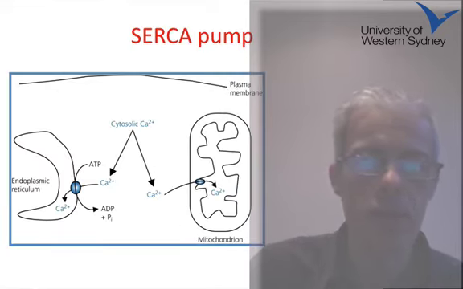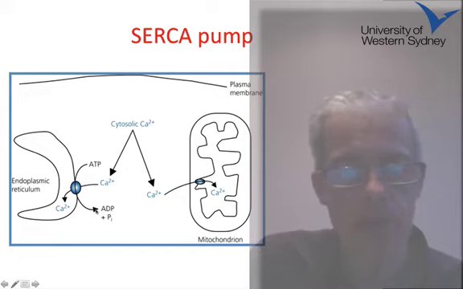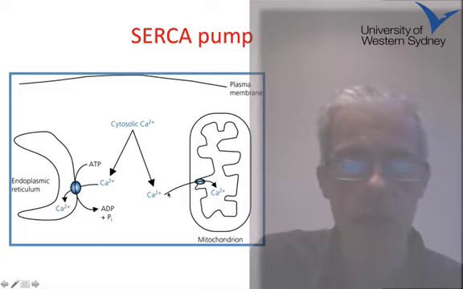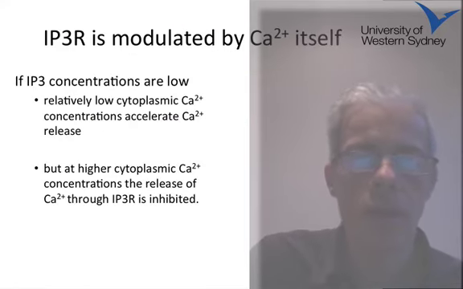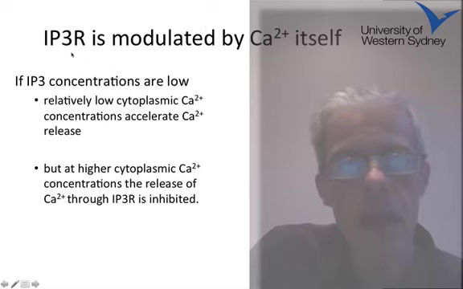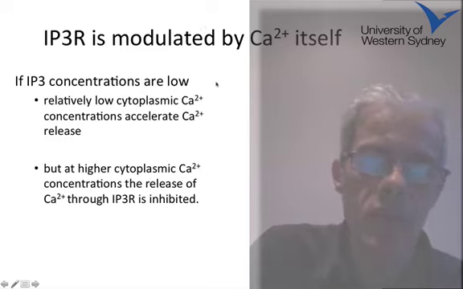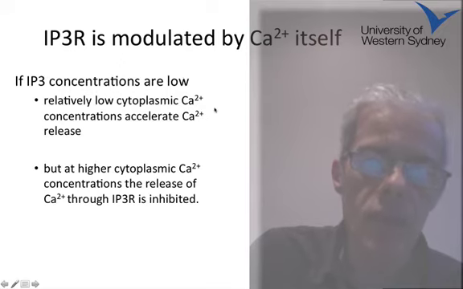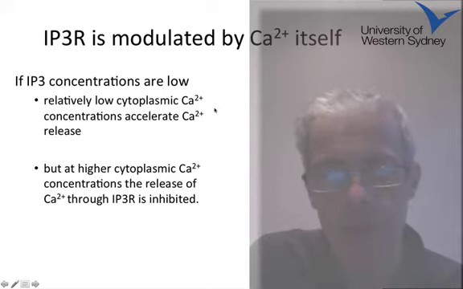And this is just a little schematic showing the hydrolysis of ATP to pump calcium ions into the ER, and also likewise to drive calcium ions into the mitochondria. Now, it turns out that the IP3 receptor, which can release calcium ions from the ER, is not only controlled by IP3, but its activity is also modulated by the actual concentration of calcium.